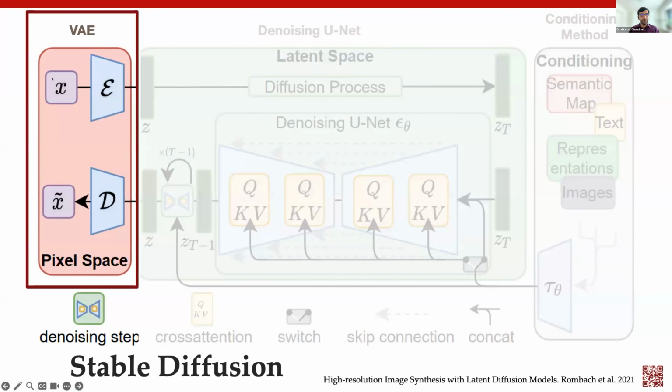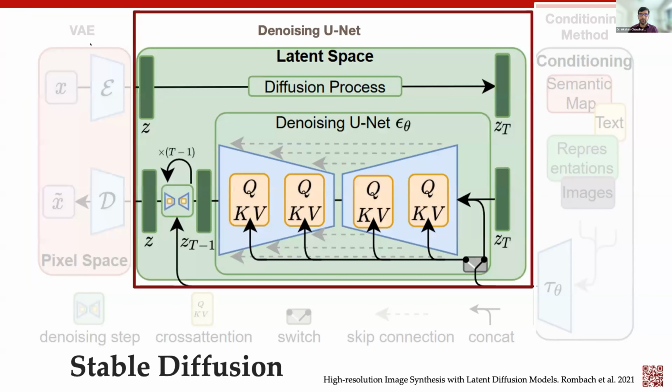The first component is a variational autoencoder, and we just learned a really nice lesson of what a variational autoencoder is. It takes a very high dimensional image and compresses it into some low dimensional representation. That's all that we're trying to do. Instead of working with high resolution images, we just work with more compact representations. So that was the first part of the Stable Diffusion model.